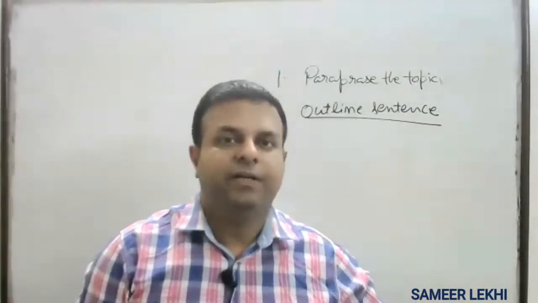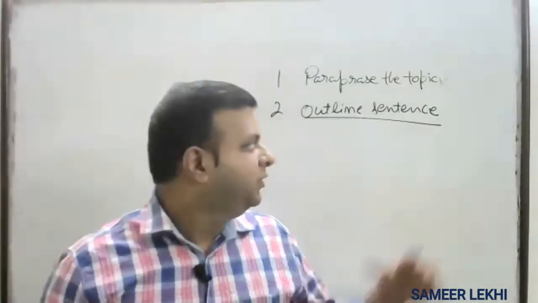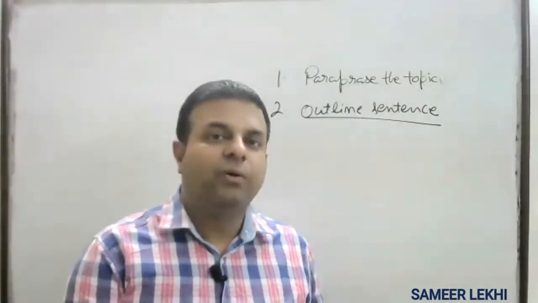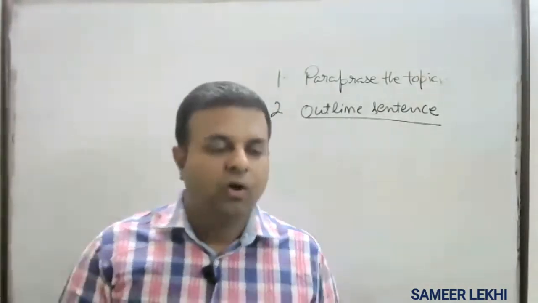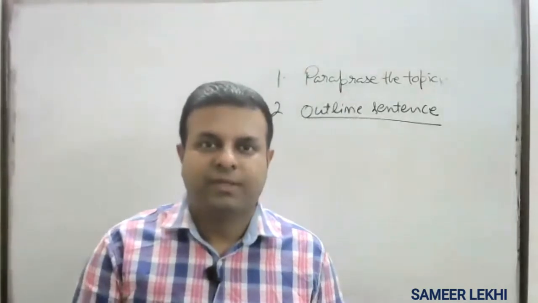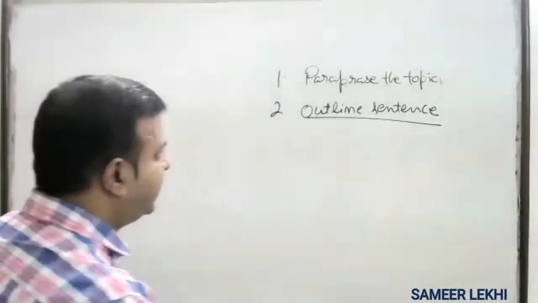Then you give out the details. Similarly, here in the outline sentence, you are going to write what your BP1 is going to be about and what BP2 is going to be about, or what the overall essay is going to say. Paraphrase the topic, then the outline sentence.